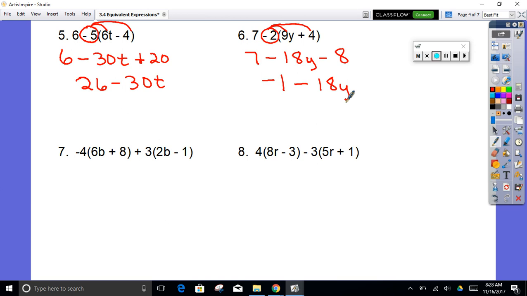Okay, number 7 is just a little more complicated, but nothing actually new. Sky, can you do the distributing for us? You multiply negative 4 by 6, and you get negative 24b.